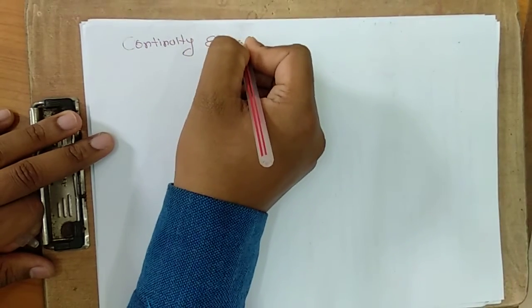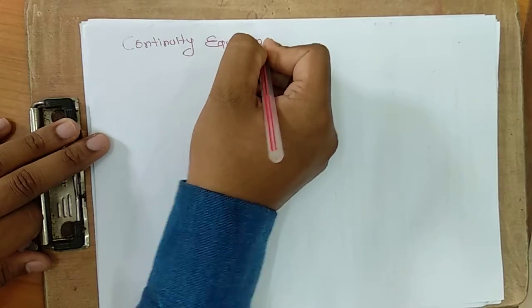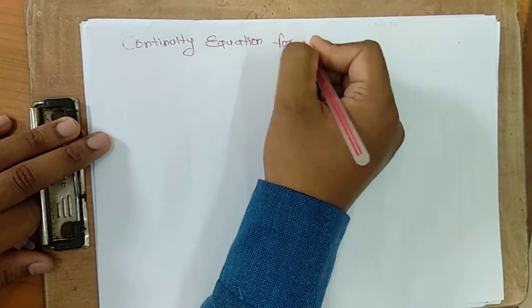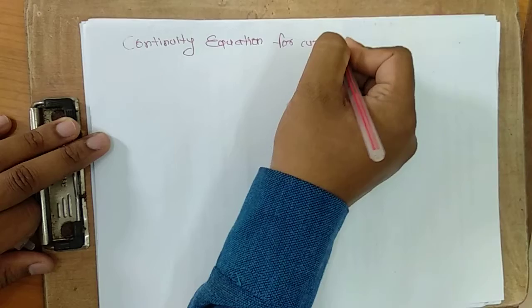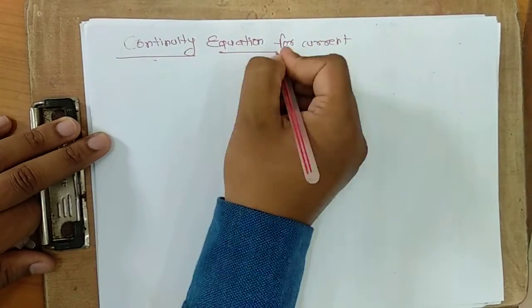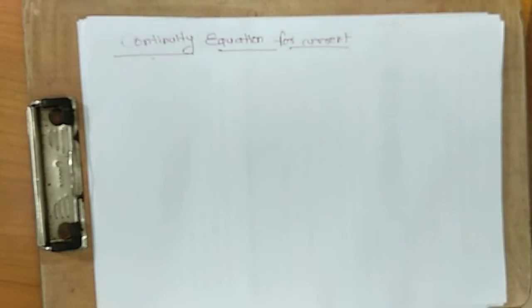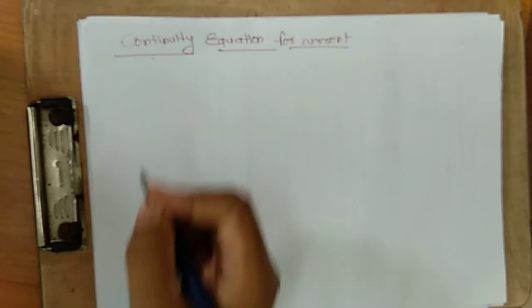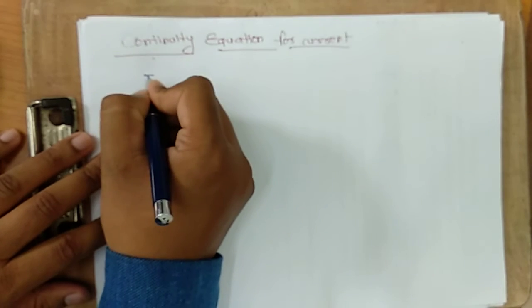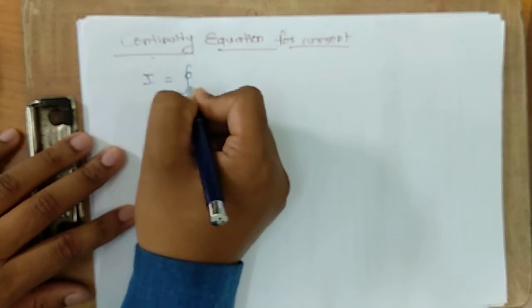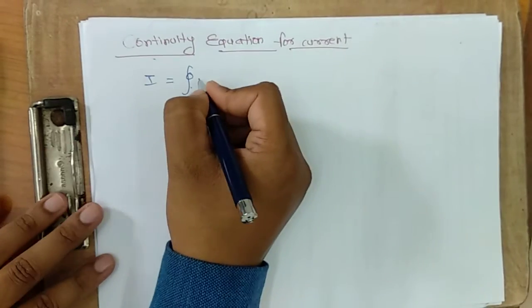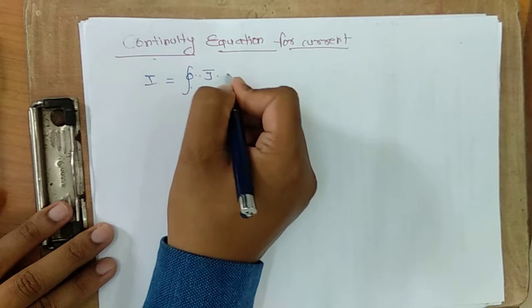What is meant by the continuity equation for the current? I will represent this I again in the form of a closed integral of J bar dot ds bar.